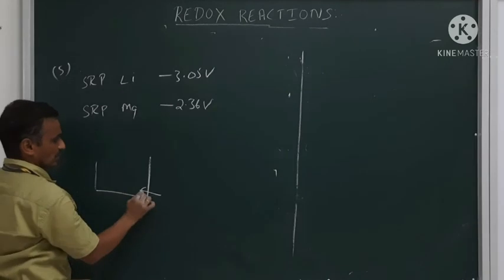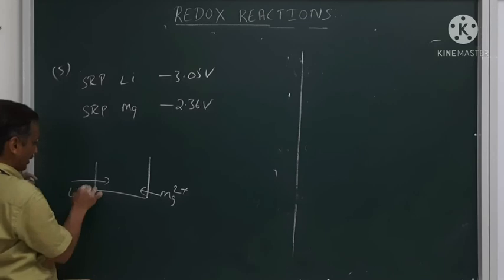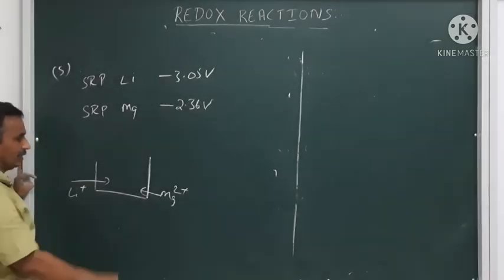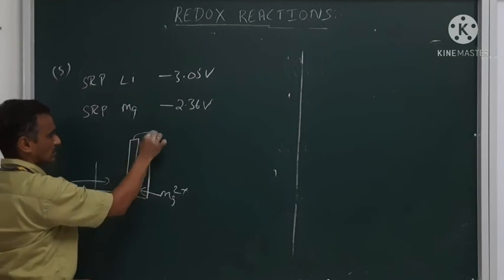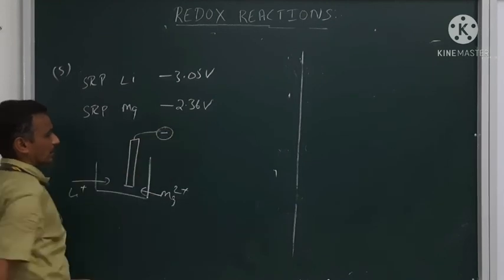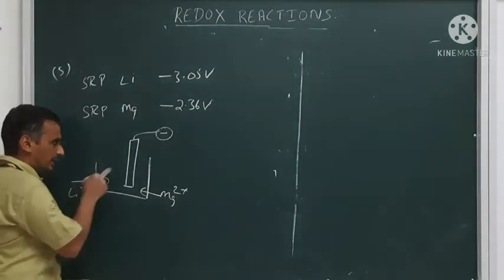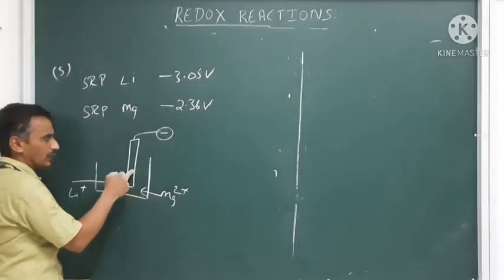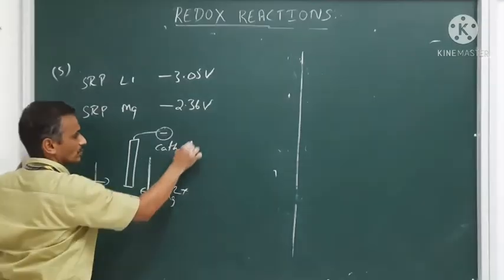If magnesium 2 plus ions and lithium plus ions are present, and I introduce an electrode here, lithium can move to this, and magnesium also can move to this, because the cathode is negative.